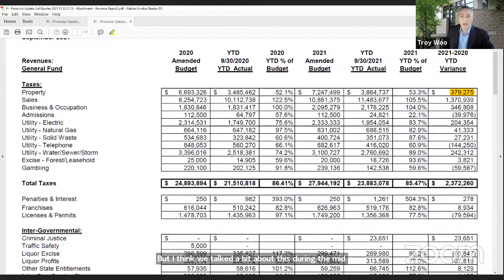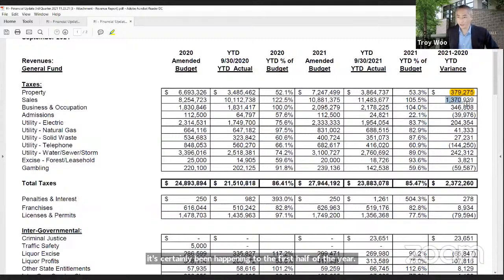I think this is higher than expected, or at least a timing issue, because of all the housing sale activity. When houses are sold and transferred to new owners, those property taxes are paid, and they're basically prorated between the buyer and seller. So they're paid at the time of sale rather than end of May, end of October. So that has certainly been happening through the first half of the year.